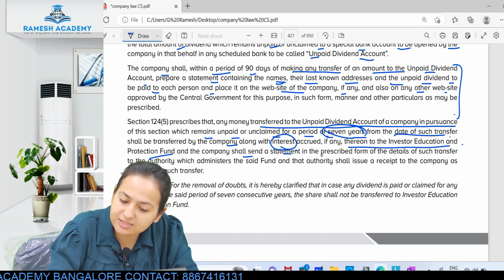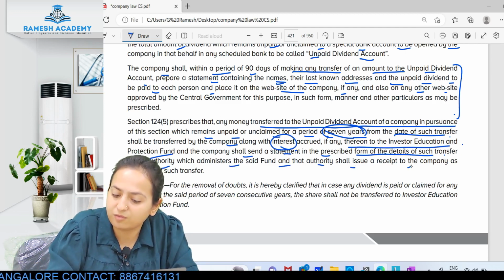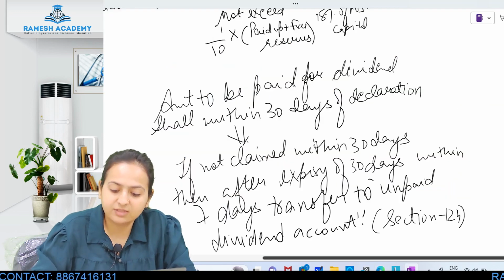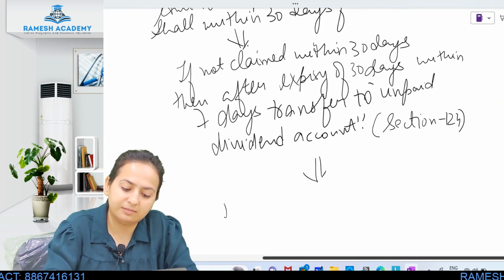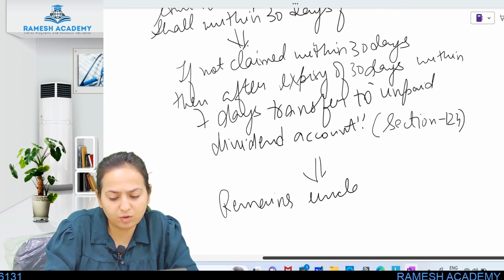The company shall send a statement of the details of the transfer to the authority which administers the fund, and it will issue a receipt to the company. So now after this, if it remains unclaimed, no person has claimed this amount also, right?